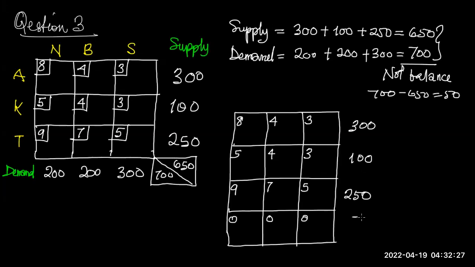So the 50 should be here. And here we have 200, 200, 200, 300. So now we are sure that everything gives us 700. So this is what we're going to work with.